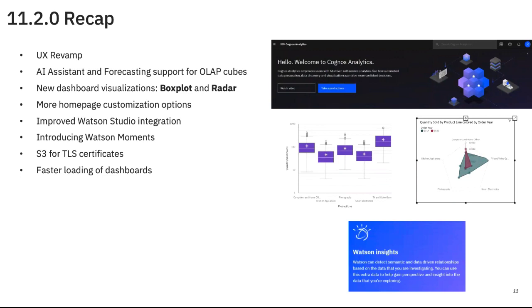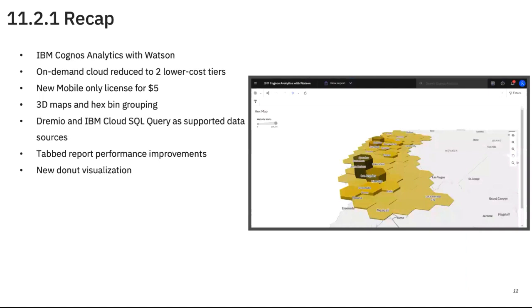There were some improvements in our AI with the assistant and the forecasting supporting OLAP cubes where they didn't previously. We had some new visualizations, new customization options, better Watson Studio integration, the S3 support for TLS certificates, as well as a very big jump in performance of loading dashboards.